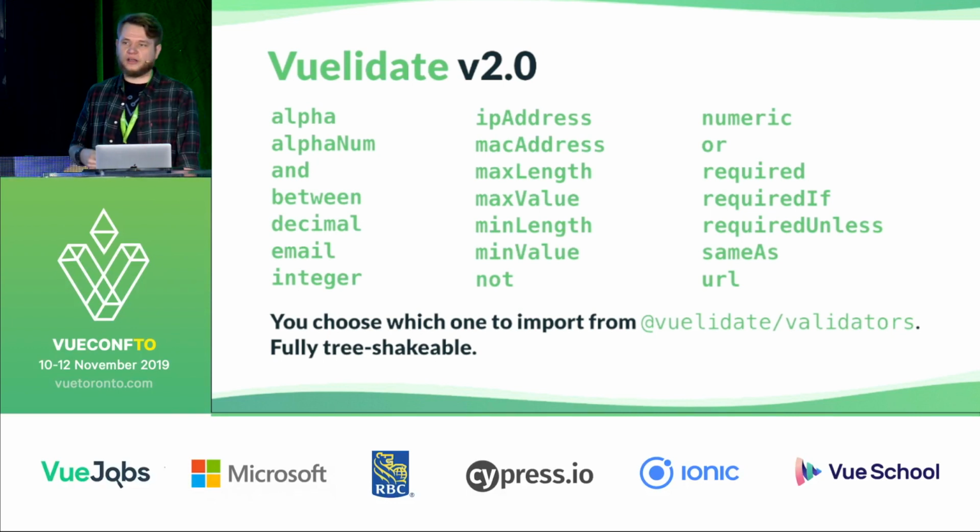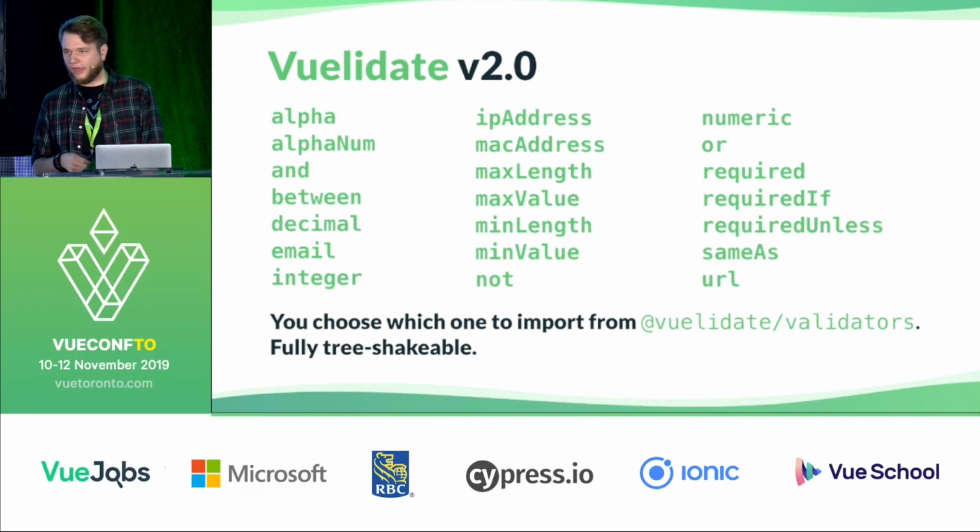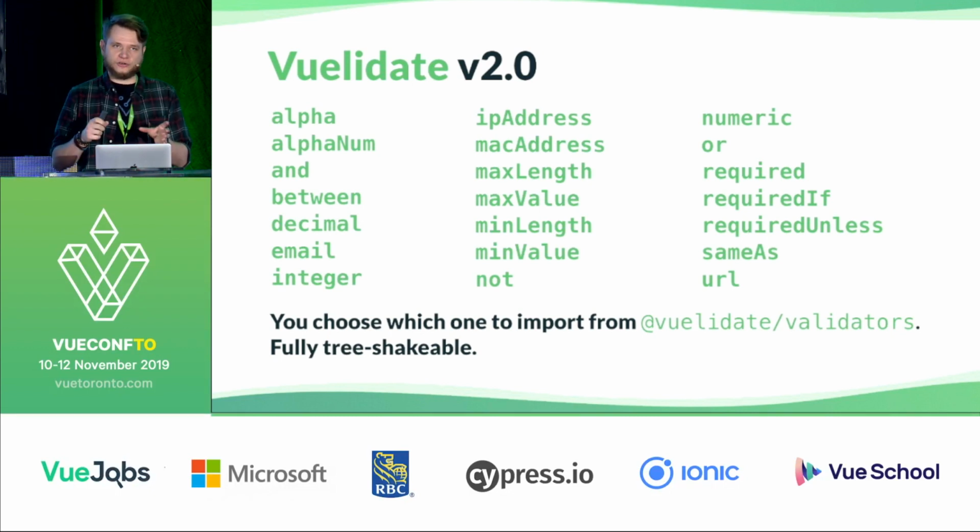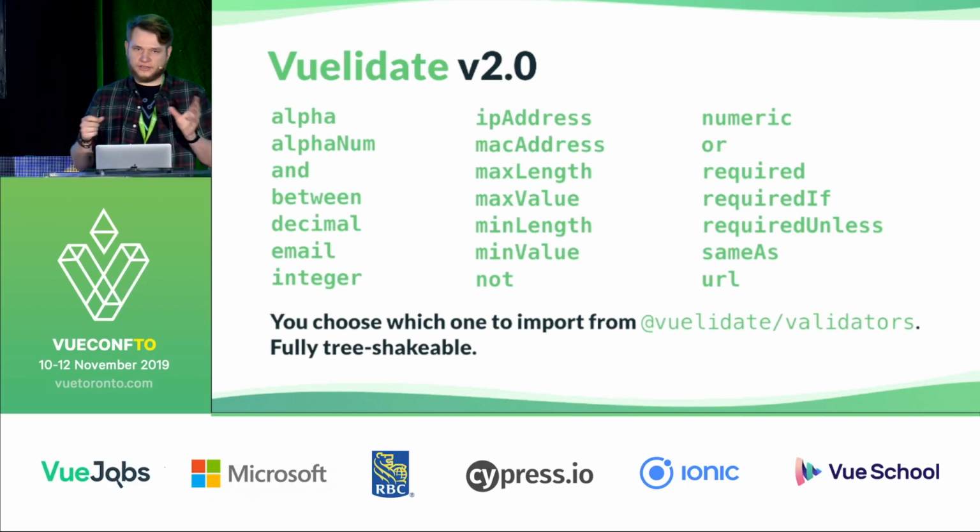And we also allow you to use the raw versions, which are still just functions. So if you want to add your own messages, you can just use the raw version and wrap it inside your message. You can even pre-configure and re-export some validators for commonly used properties, if you like.